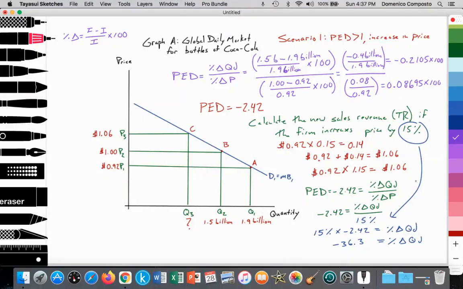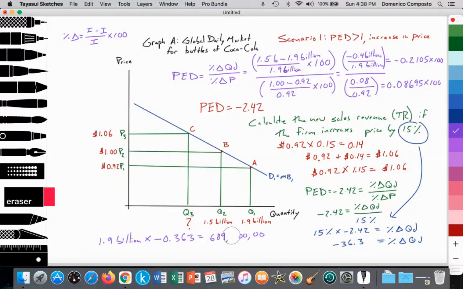So what we can do now is take 1.9 billion and multiply that by negative 0.363, changing the 36.3 into a decimal value, and that equals 689,700,000. Then we're going to subtract that from the 1.9 billion.